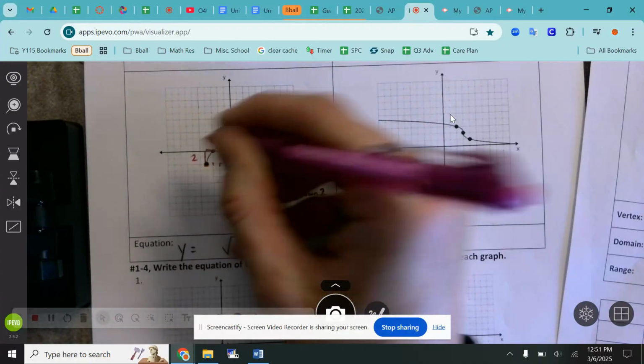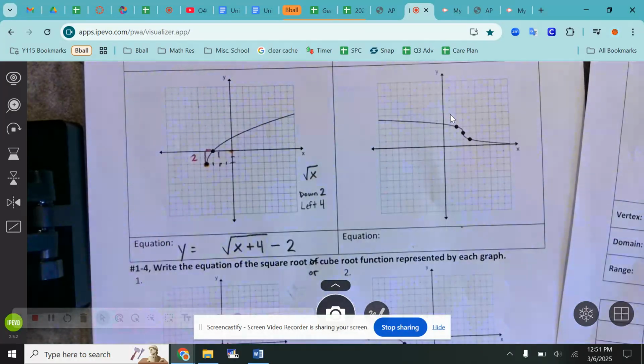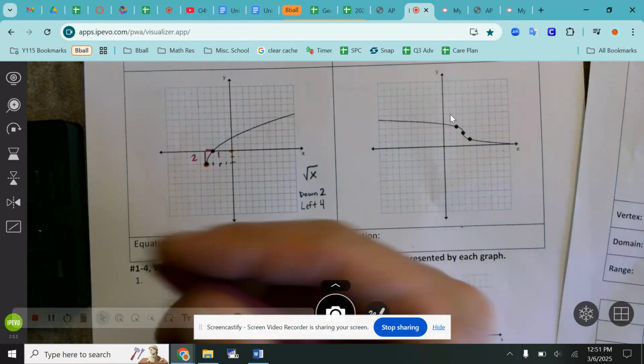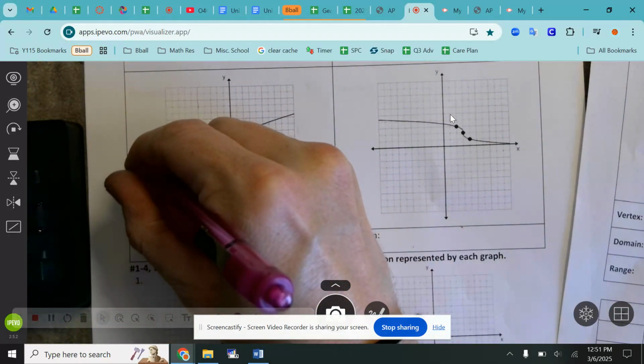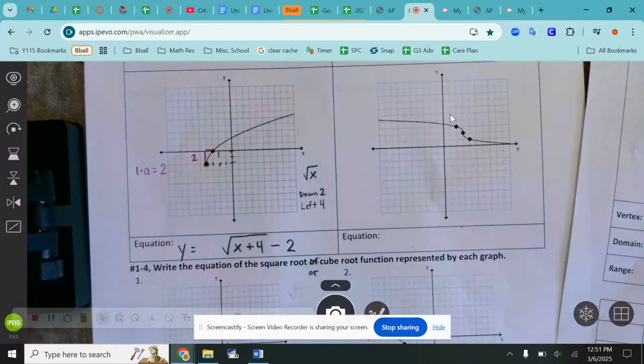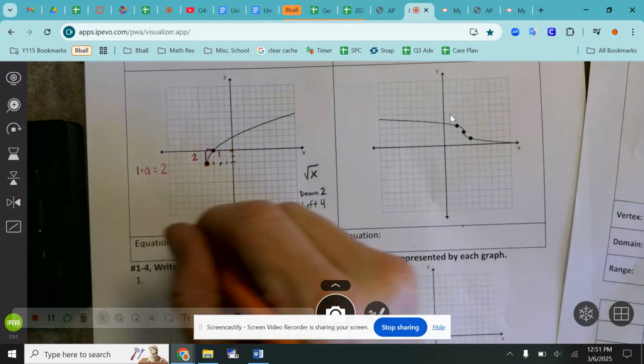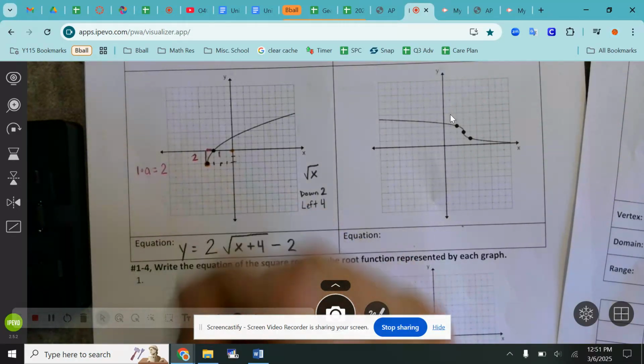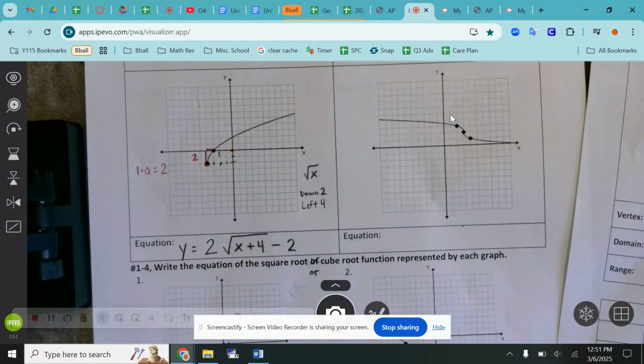I went up 2 before I ever went right. So then we got to think about it. What did I multiply by 1 to make it actually go up 2? And the answer here is 2, which means this graph vertically expanded by 2, and therefore that is my a value. Okay? And that's all it is.